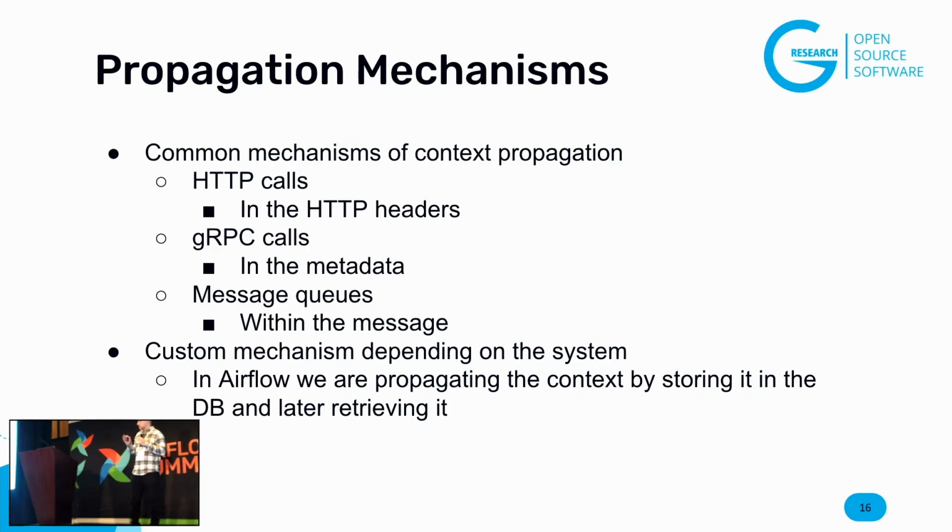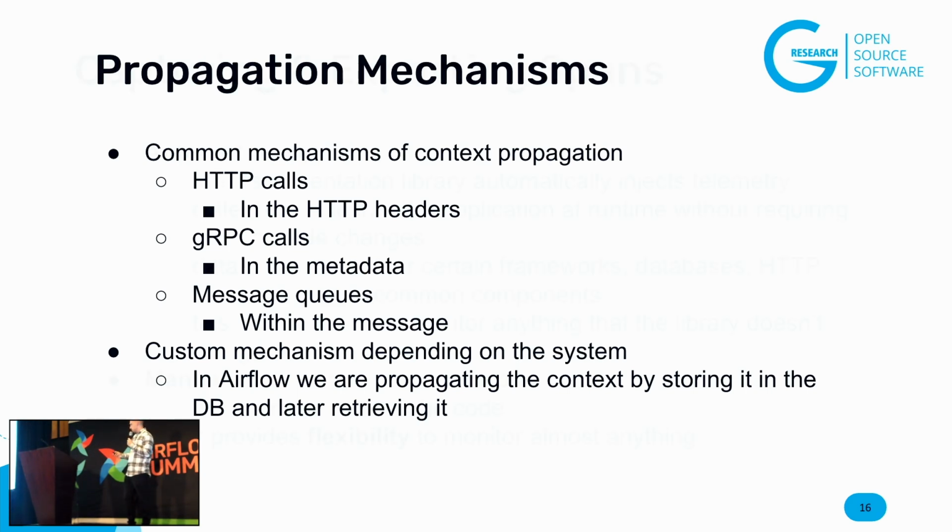For example, in Airflow, the only common point of communication is the database, the metadata database. So in order to associate the spans of the children of the spans created under the task with the task span, we are doing it through the database. So we are storing the context of the span for each task into the database and then retrieving it from the task itself.